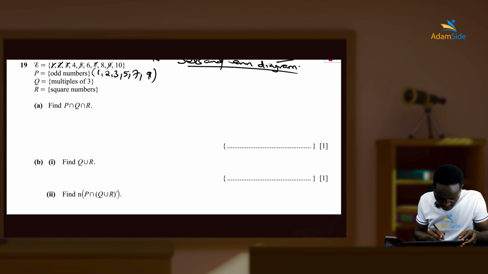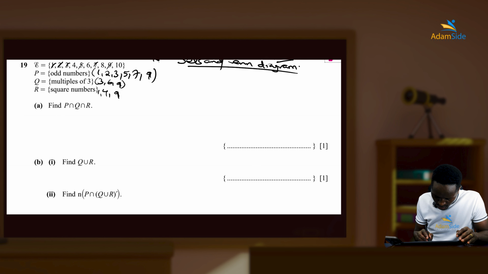Multiples of 3, we have 3, 6, 9: 3 times 1, 3 times 2, 3 times 3. Square numbers, we have 1, 4, 9. 1 is a square number, 4, and 9 is a square number. Yeah, 1, 4, 9.